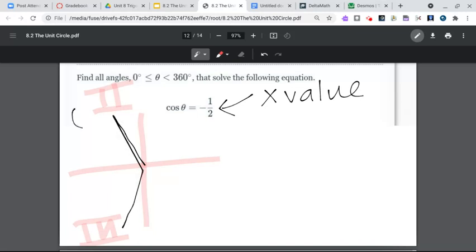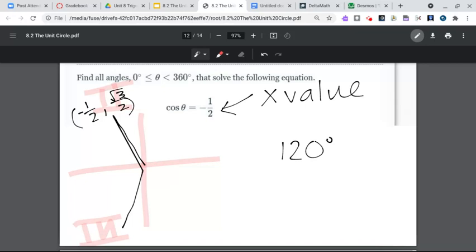So in quadrant 2, the ordered pair right directly after 90 degrees would be 120 degrees. So when theta is 120, the exact value for cosine 120 is negative 1/2, because the ordered pair here is negative 1/2, root 3 over 2.